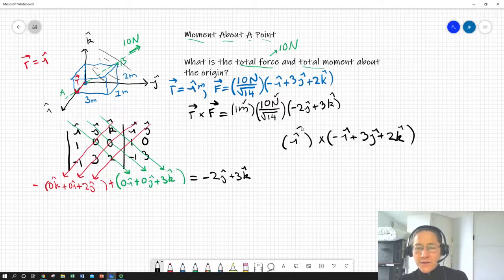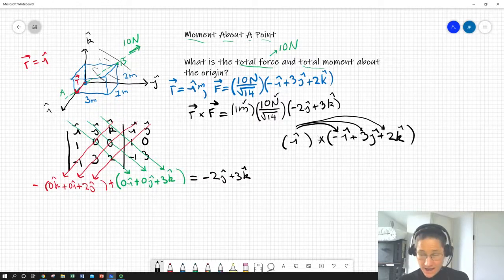With the FOIL method, we use our real basic algebra first, inner, outer, last, and we just multiply each component by the other. And in this case, this is a great demonstration of how we multiply the vectors together using our vector rules and the scalars together with scalar rules. So we have i hat times negative i hat, which will give us a negative 1.